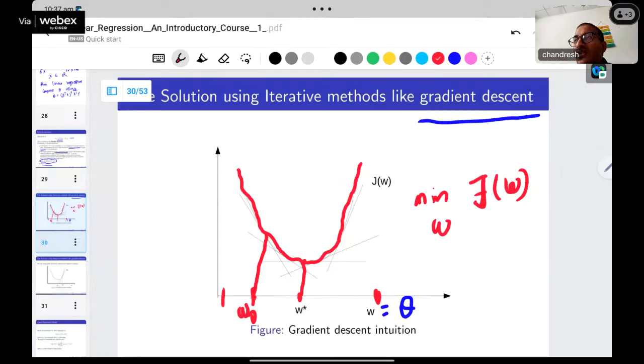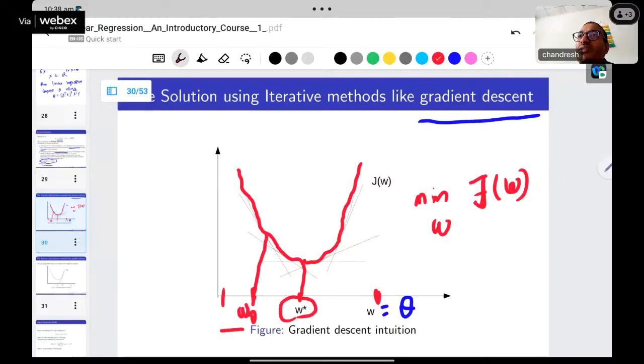Given this cost function or loss function J of w, we are looking for the point at which the function achieves its minimum, but we don't know what that point is. So we use an iterative algorithm that starts with some initial point w0, and after many iterations of this algorithm you will find this w star.